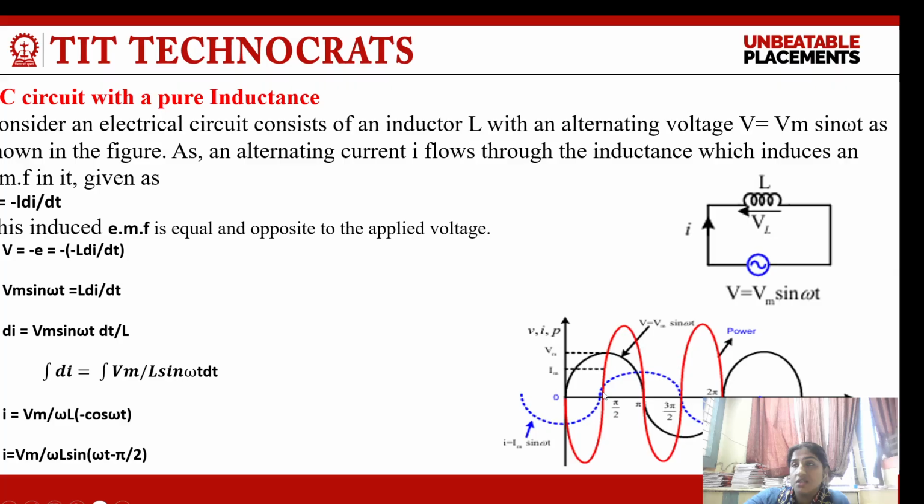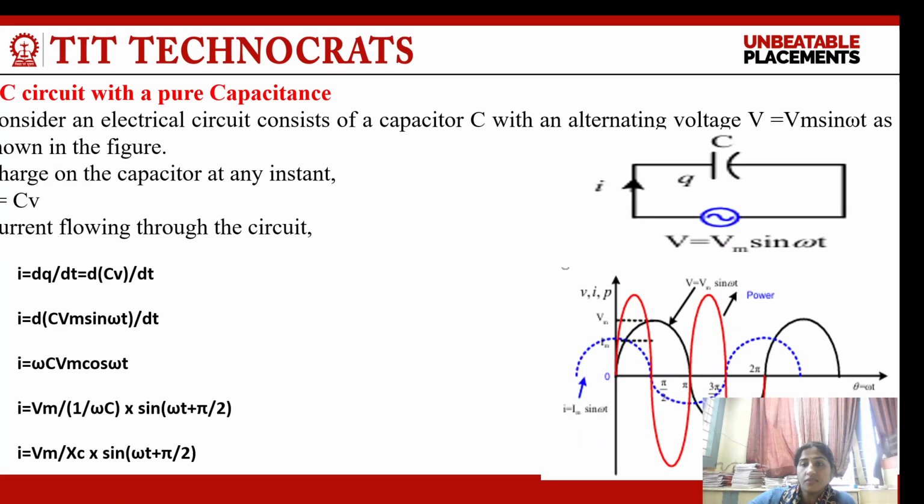Now what will happen if we apply the voltage to a capacitive circuit? When we apply the voltage to the capacitive circuit, we know the charge on the capacitance is Q equals CV, and the current is nothing but the time derivative of charge.